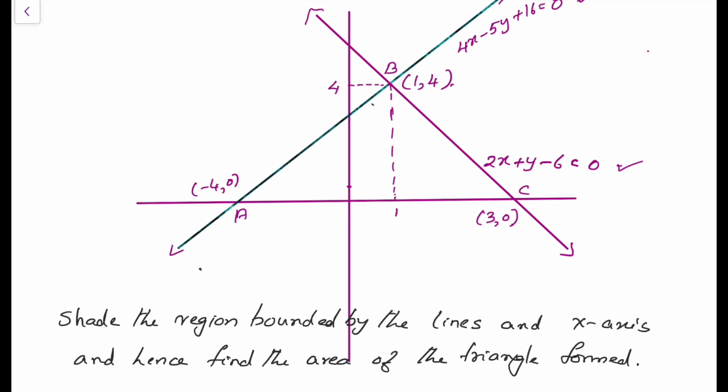So the region bounded by the lines will be this one, bounded by this line, this line, and then the x axis. So this is the x axis, and the region will be triangle ABC. Now you have to shade it.